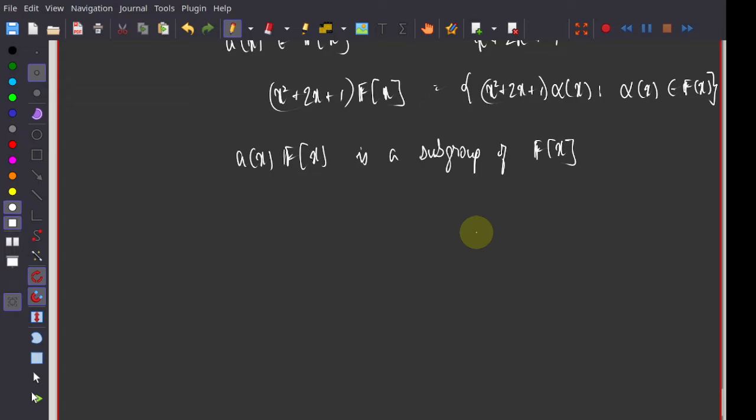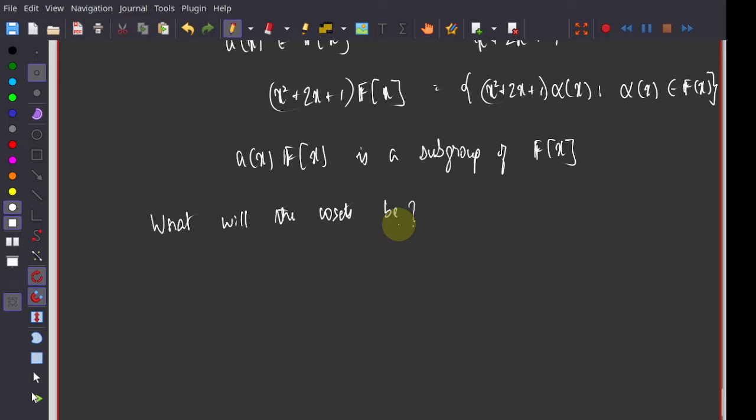So now what do you think are going to be the various cosets? Agreed? So we are basically looking at coset representatives, right? Okay. What is one set of coset representatives?